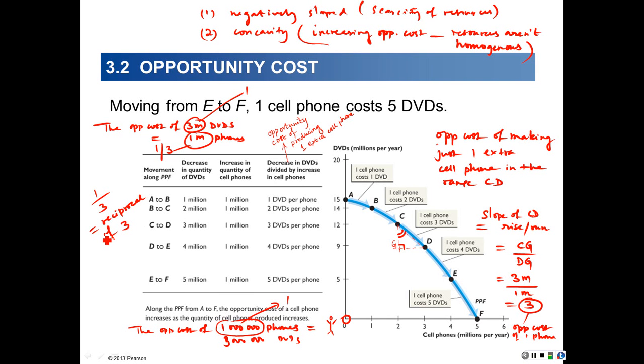Now, what was the 3? Do you recall what the 3 was? Well, 3 DVDs is the opportunity cost of making an extra cell phone, correct? And so the reciprocal of 3, 1 by 3, happens to be what? It's the opportunity cost of making the other good, meaning DVDs, in terms of cell phones given up. It's always going to be like this. Okay?